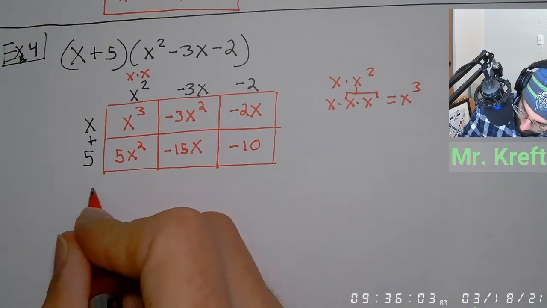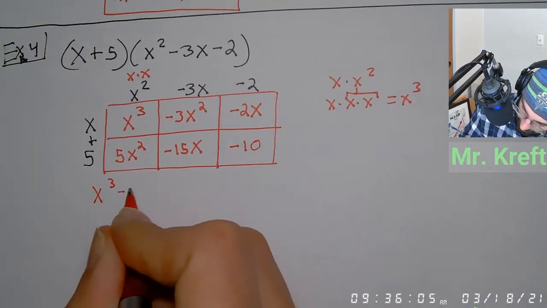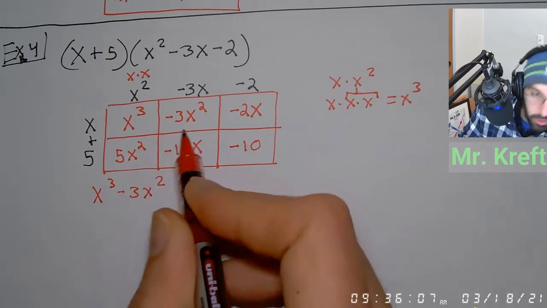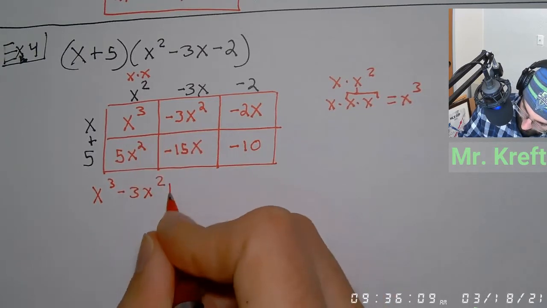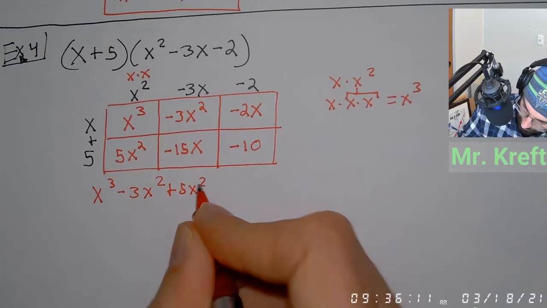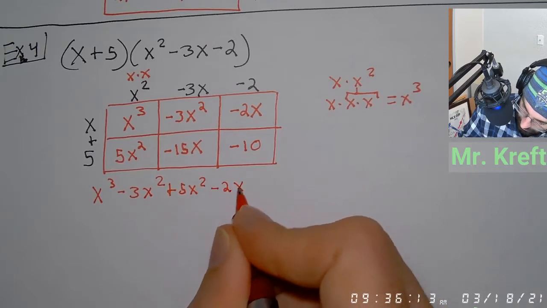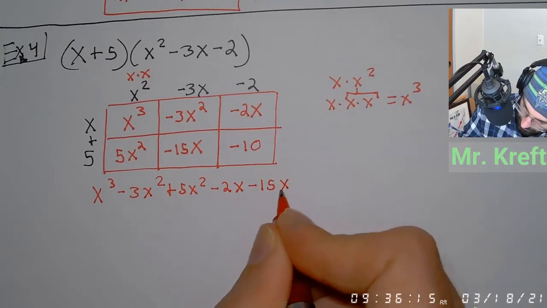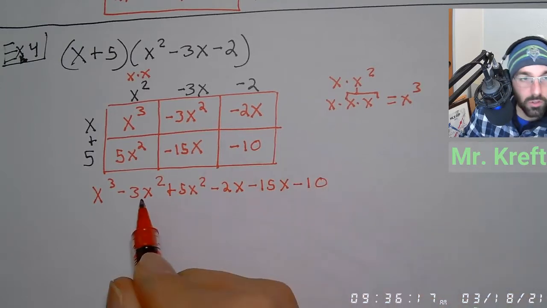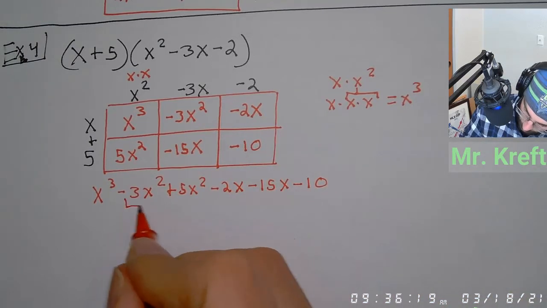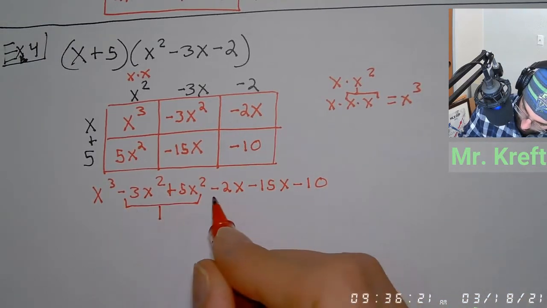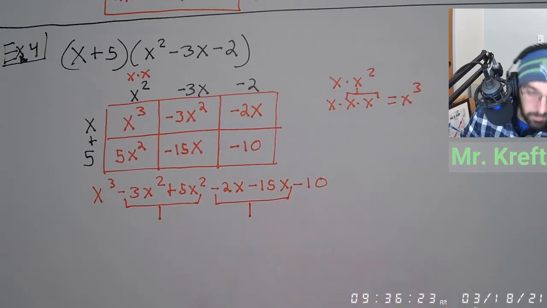Okay. And then, as always, I'm just going to add these all together. But I'm going to group all my like terms together to make it easier for me to see. Right? So I group together my squares. And I group together my x's.